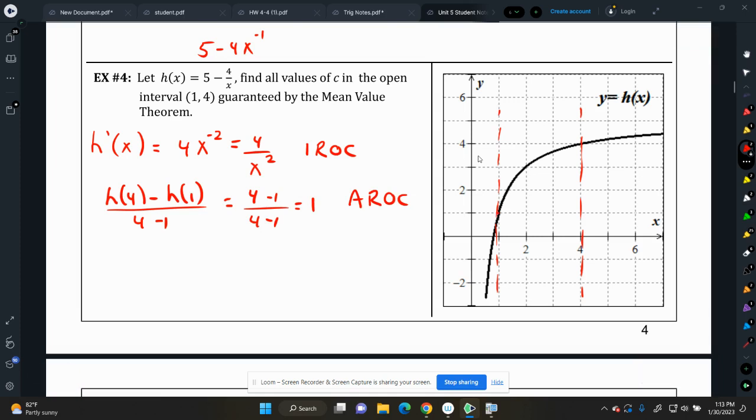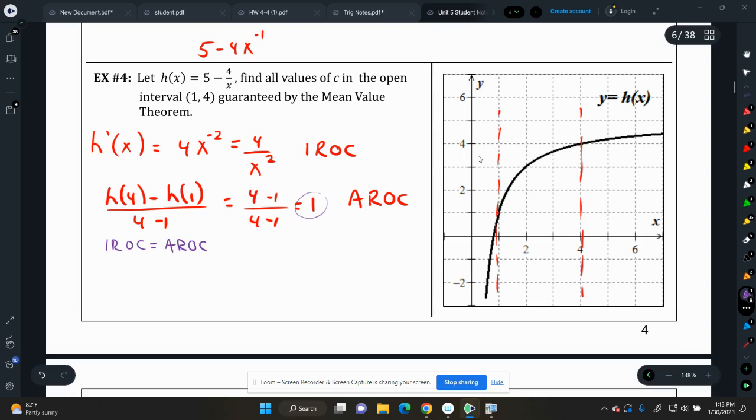Find all values of c on that open interval. So IROC equals AROC. I have an actual number for the average rate of change. The average rate of change on that interval is 1. So what do I need to do? I have to find where the instantaneous rate of change is also 1. So we're going to do 4 over x squared equals 1.